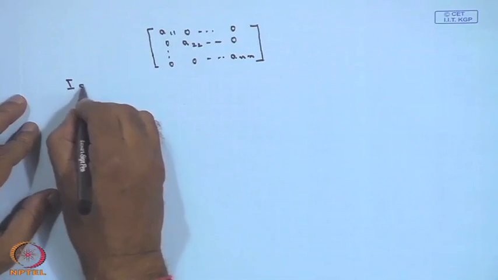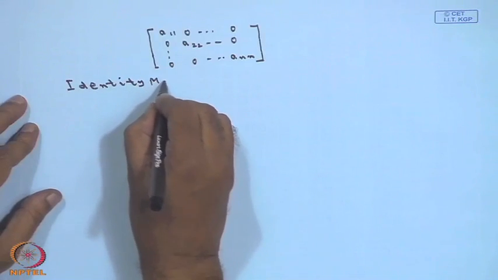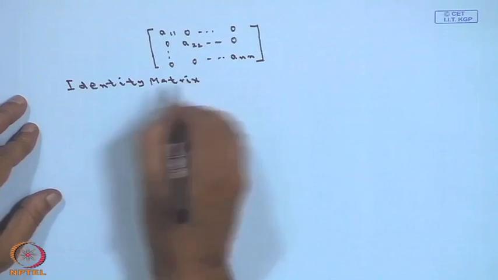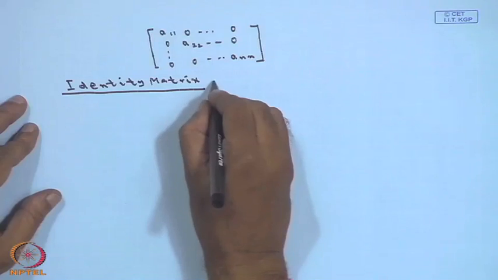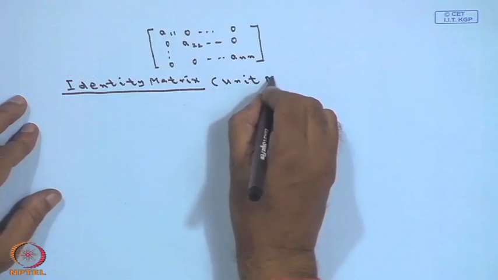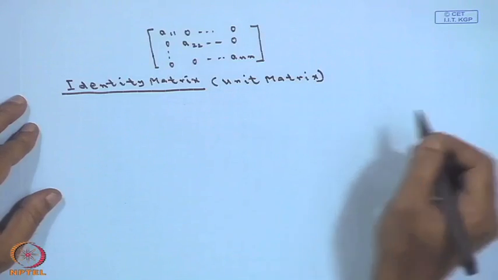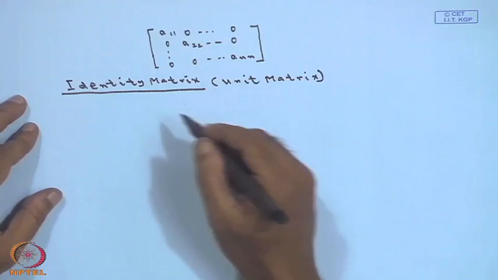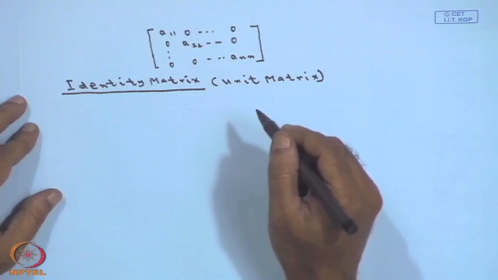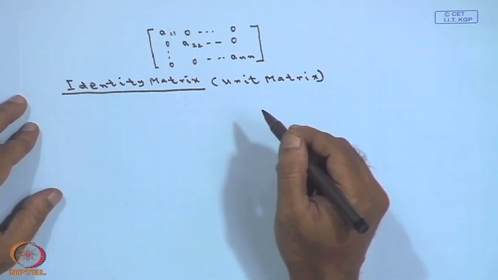Next one is the identity matrix, or sometimes we call it the unit matrix also. In a diagonal matrix, if the diagonal elements are 1, then that matrix we call the identity matrix.